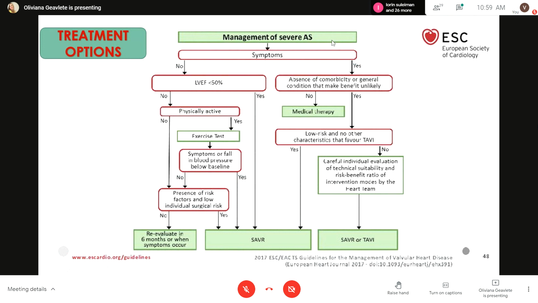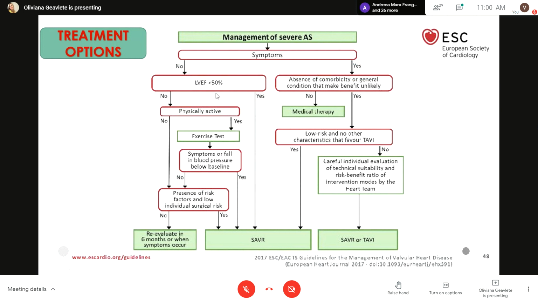Treatment option: management of severe aortic stenosis. The patient has symptoms, and we all agree she does. We are in this part here. If the patient does not have symptoms and the LV ejection fraction is not below 50, in this case we should reevaluate the patient every 6 months and see when symptoms occur.